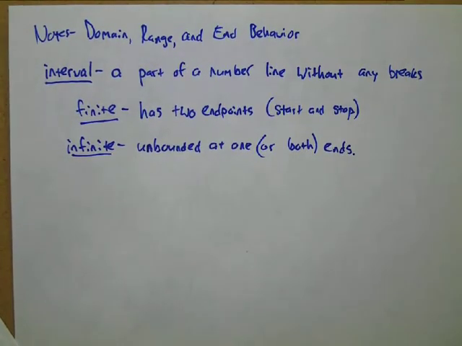So finite, it's bounded at both ends. It has a boundary, a starting point and a stopping point. Infinite is unbounded. Infinite, unbounded; finite, bounded. So that means it goes forever in one direction, or forever in the other direction, or forever in both directions. That would be infinite.